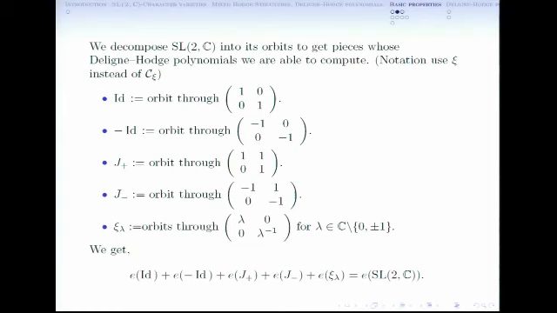If we add the Deligne-Hodge polynomials for the identity, the minus identity, the Jordan forms, and the diagonal ones, we will get the Hodge polynomial we just computed. This is a bigger, more complicated way of computing than the previous one, but it will give us a clue of how to compute other ones, like the twisted character variety that we had before.